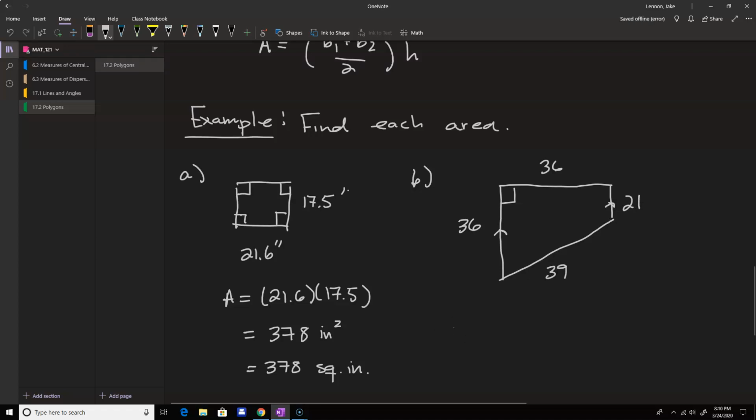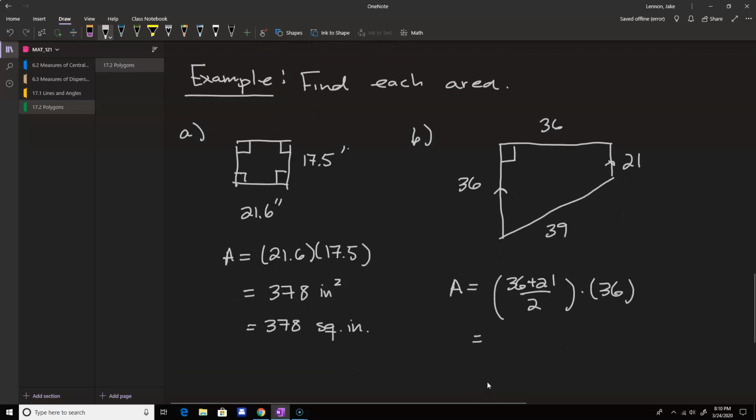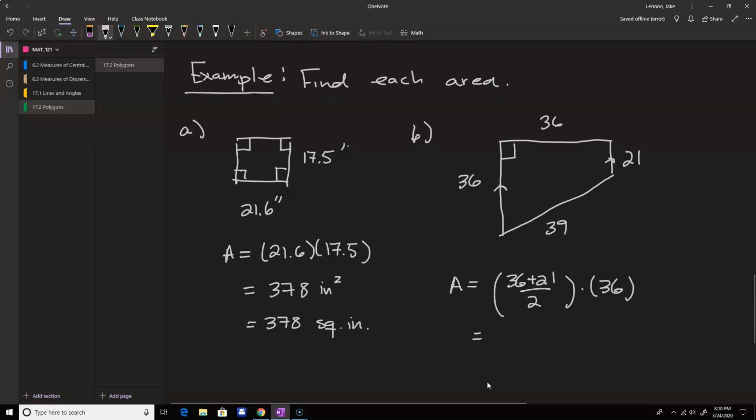So what do we do for the formula here? Well, this is a trapezoid, so we want to average the bases. So we do 36 plus 21 divided by 2, compute that quantity, and multiply it by the height, which is the side it makes a perpendicular angle with, which is 36. So when you multiply that out, we get 1026.